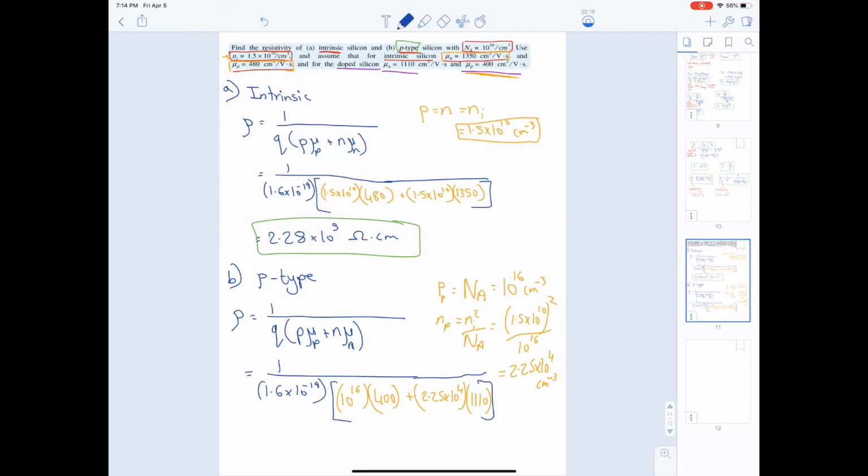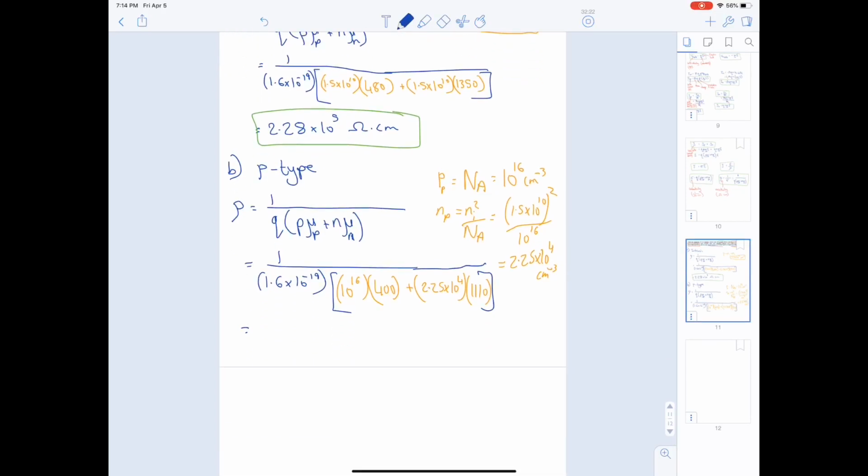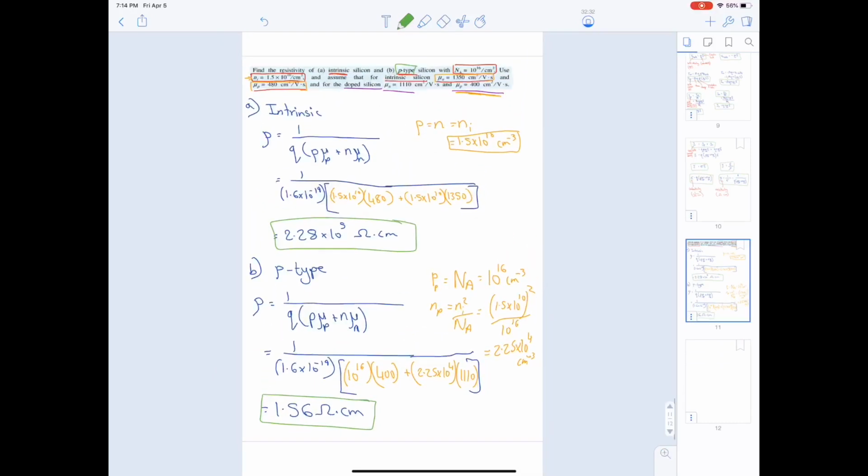We just need to calculate the answer, and this will give me 1.56 ohm multiplied by centimeter. So I guess we're done for this question. I hope it's clear. Simple. As I said before, the only thing that you need to be careful of is to choose the correct equation. Let's take another example.